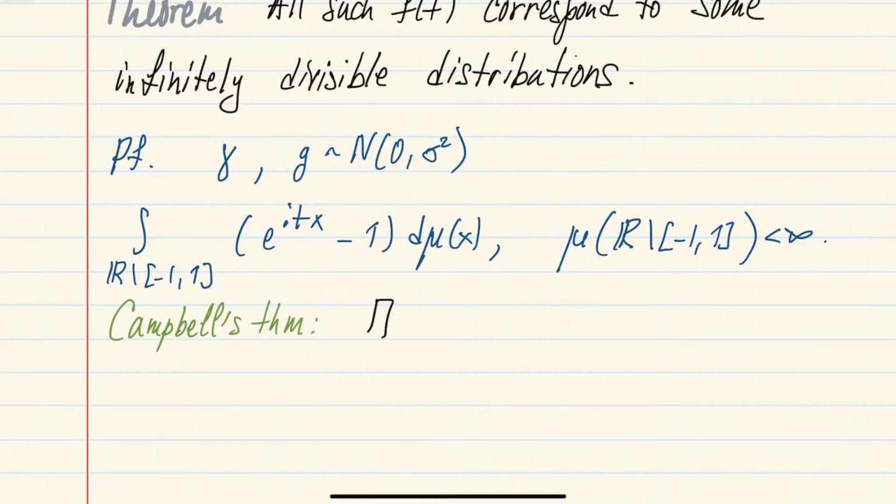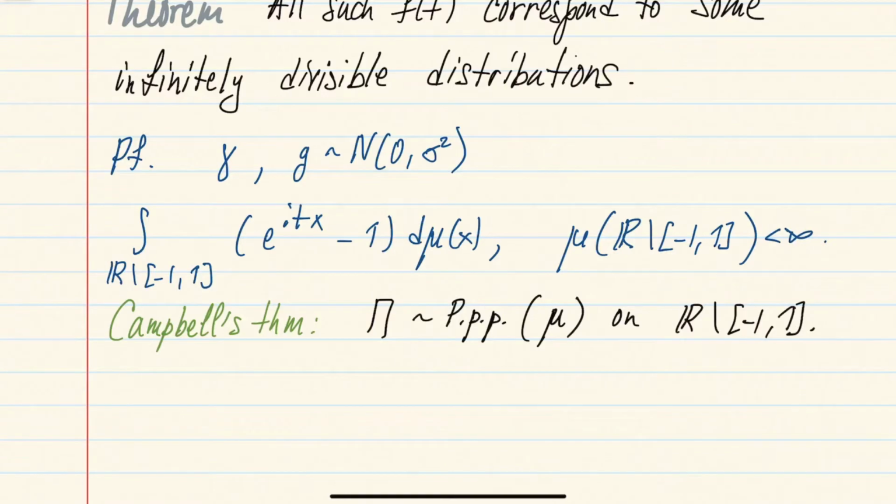Namely, if we consider a Poisson point process with the measure mu restricted to the complement of this interval -1 to 1, the random variable given by the sum of x's in this Poisson process has such characteristic function.